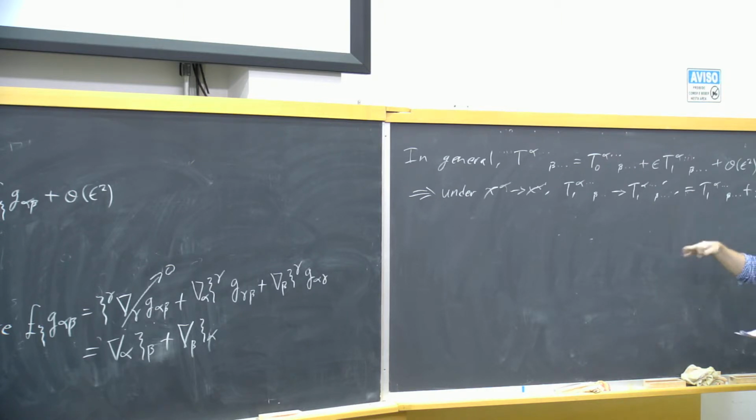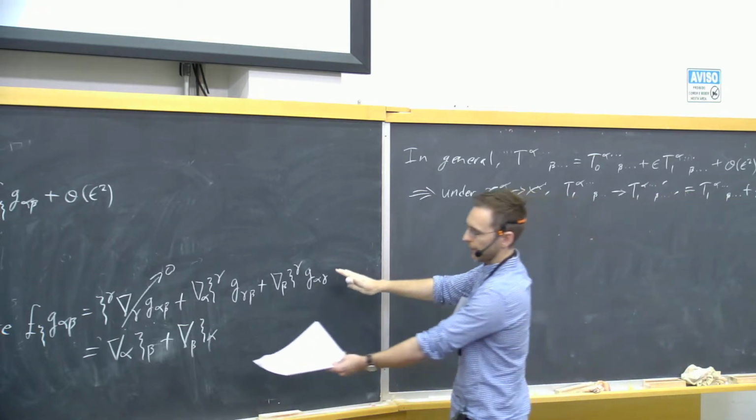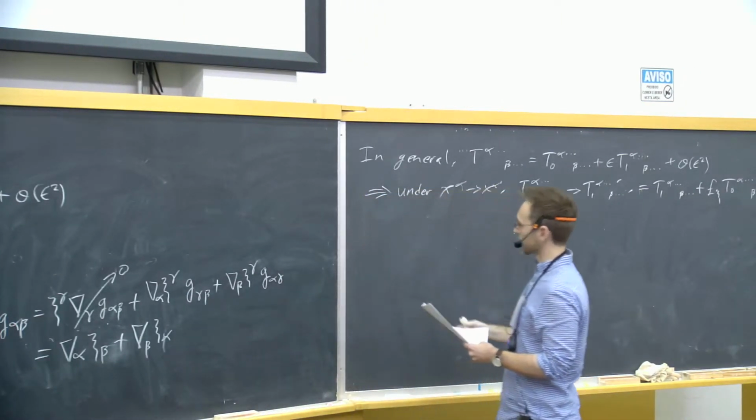So you derive this exactly the way that we derived it for the metric. You just couldn't use this final simplification for a generic tensor.